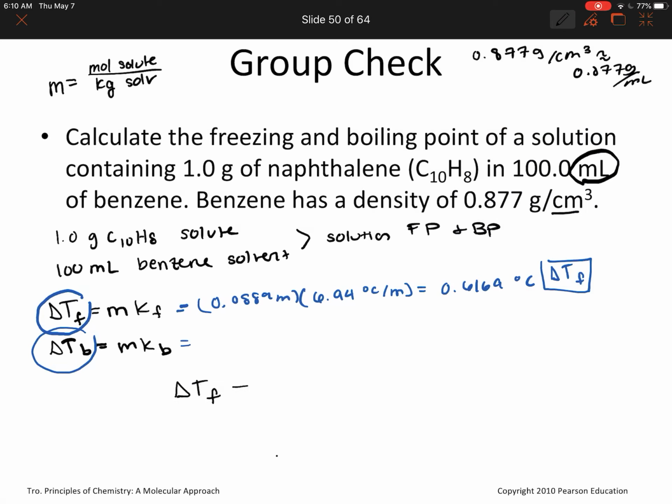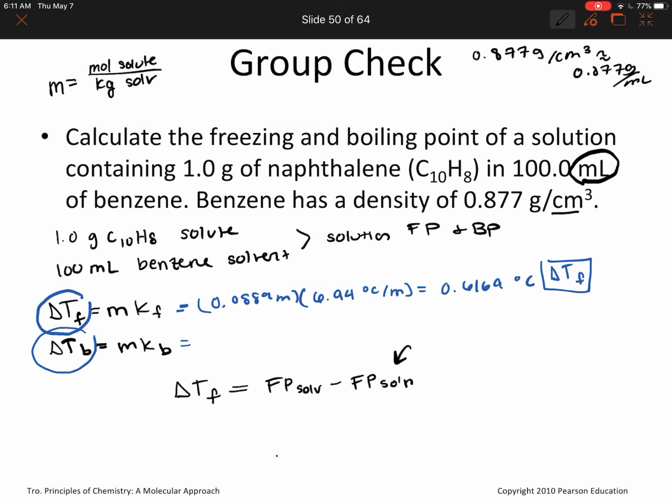And before we move on to the boiling point elevation, if I want the freezing point of solution, I know that the freezing point depression is equal to the freezing point of solvent minus the freezing point of solution.